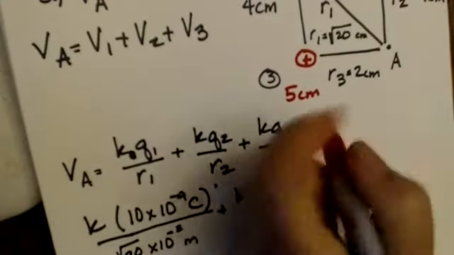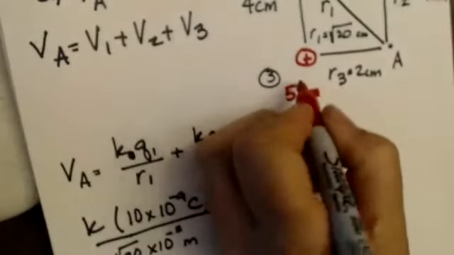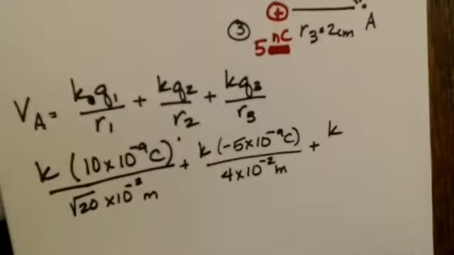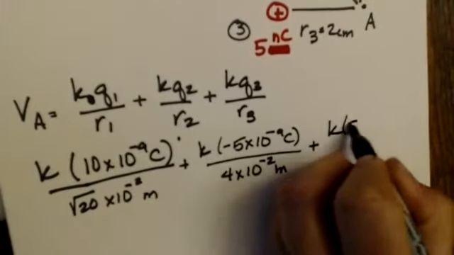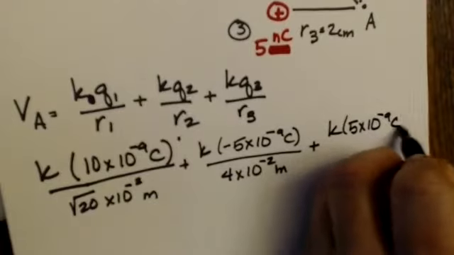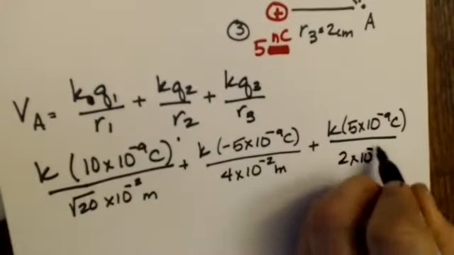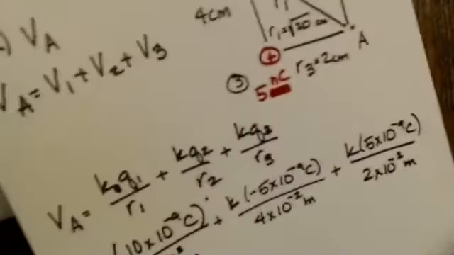That should be 5 nanocoulombs, sorry. So 5 times 10 to the negative 9 coulombs over R3, which is 2 times 10 to the negative 2 meters.